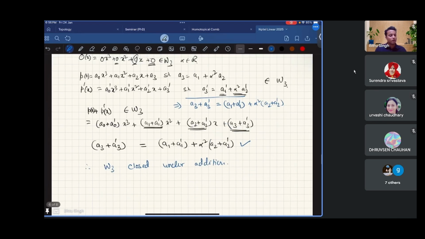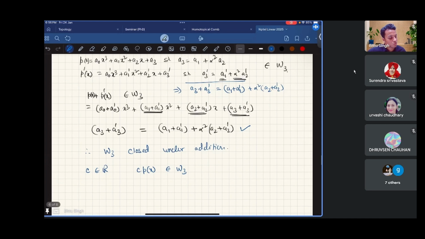What will be the last step? We need to check if we multiply by some real number, suppose C is a real number, then C times P of x is also an element of W3. But it is also true. Why? Because if P of x belongs to W3, then C times P of x is the same as C a0 x cube plus C a1 x square plus C a2 x plus C a3.